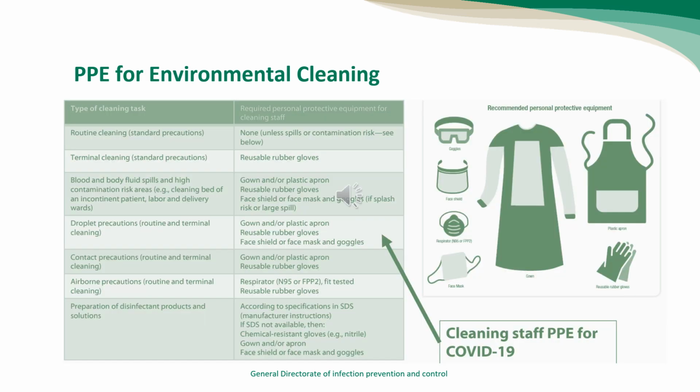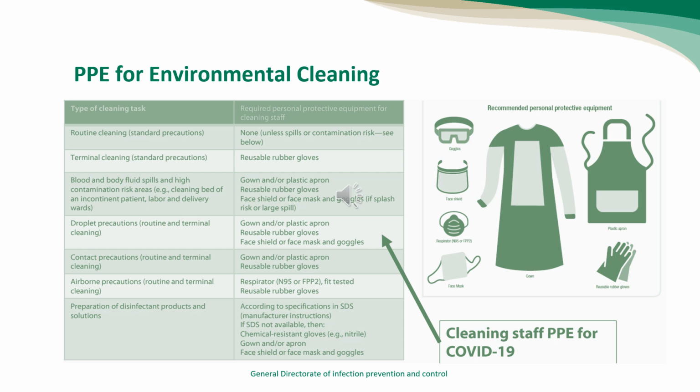Which PPE for environmental cleaning do we need to use during any environmental cleaning? It mainly depends on the type of cleaning task that we need to do in our facility. For example, for routine cleaning, we don't need PPE unless there are spills or contamination risk.